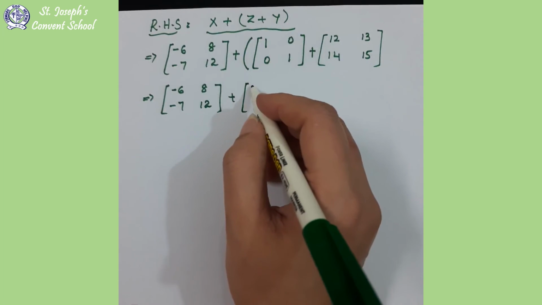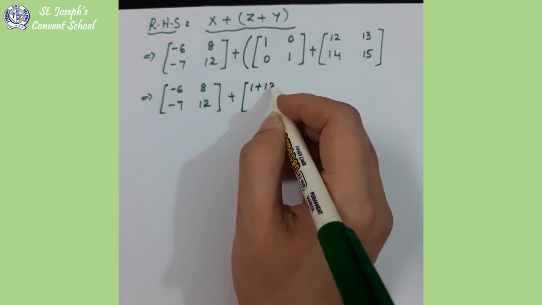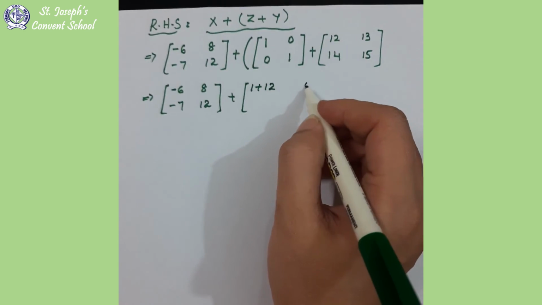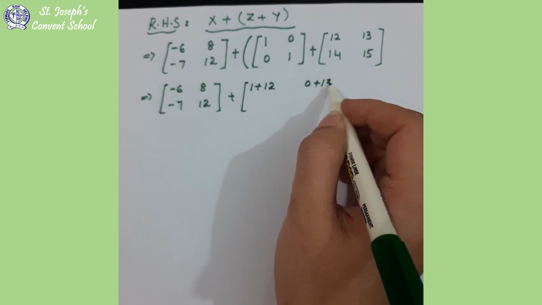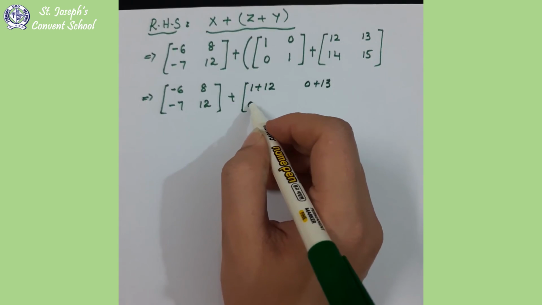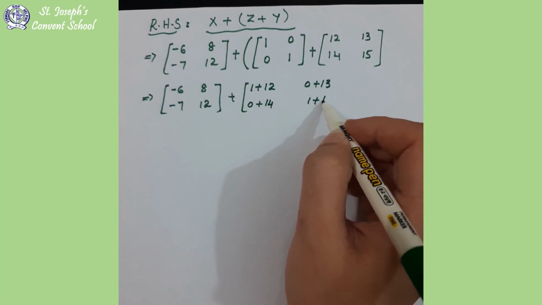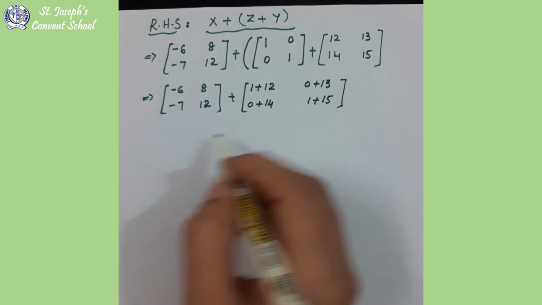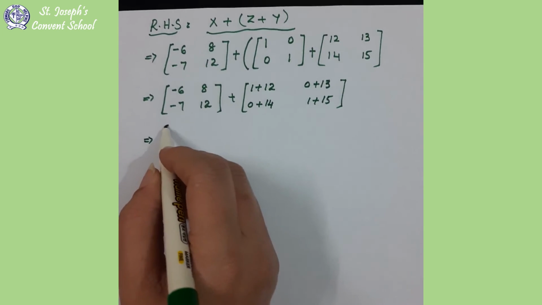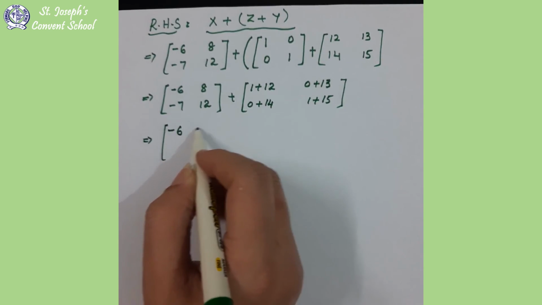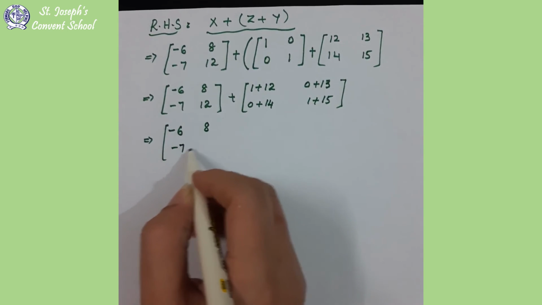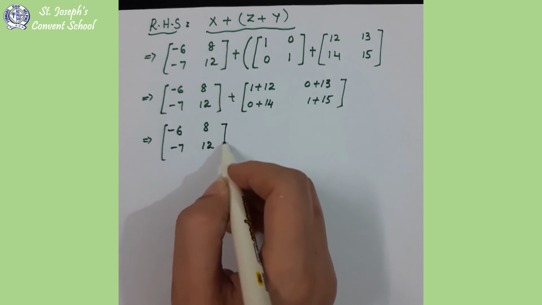First element plus first element, 1 plus 12. Second plus second, 0 plus 13. Third plus third, 0 plus 14. And fourth plus fourth, 1 plus 15.